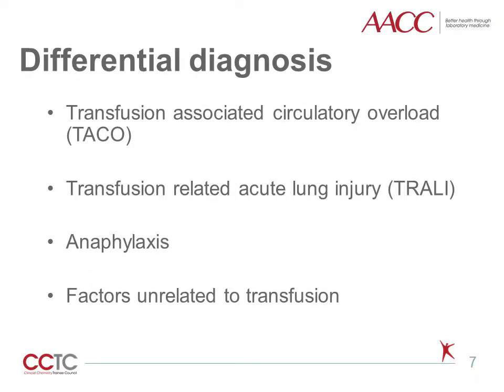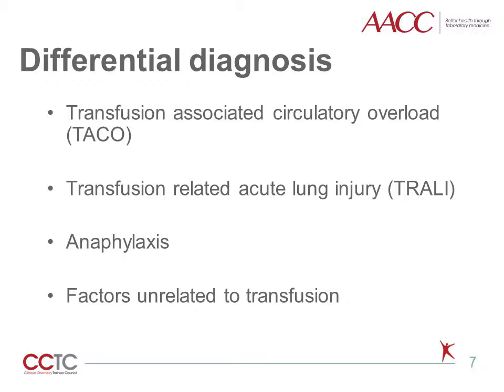The differential diagnosis for a patient presenting with respiratory distress following a blood product transfusion includes TACO, TRALI, anaphylactic or severe allergic transfusion reactions, as well as factors unrelated to the transfusion, such as pulmonary embolism and coincident myocardial infarction.